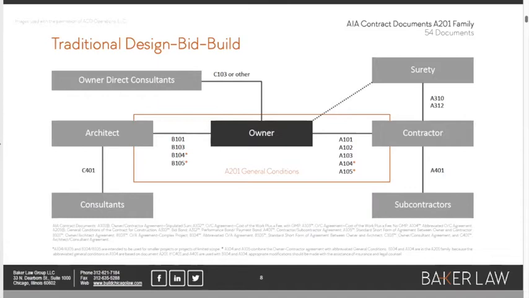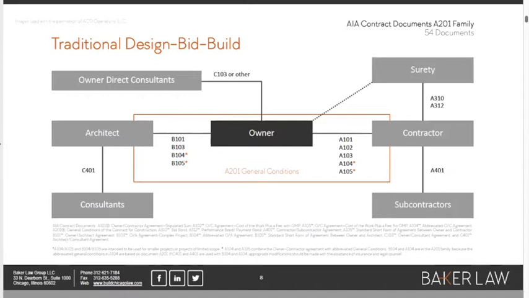To the right-hand side of this slide, it's not complicated either. The owner has a solid line connecting it to the contractor. That means the owner's got a contract with the GC, and you can see some of the A series AIA documents that might be used in this arrangement.